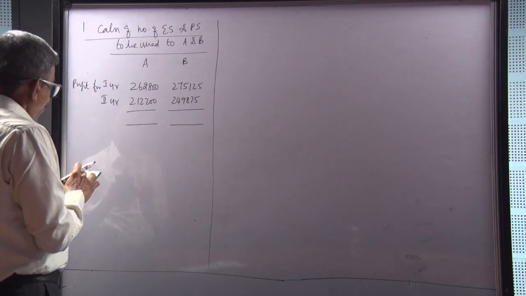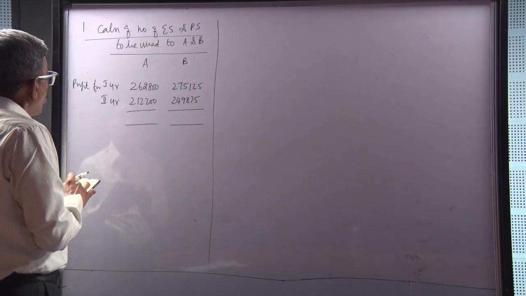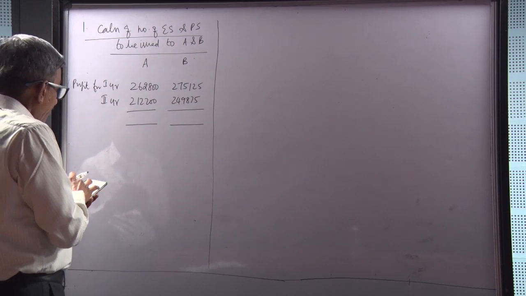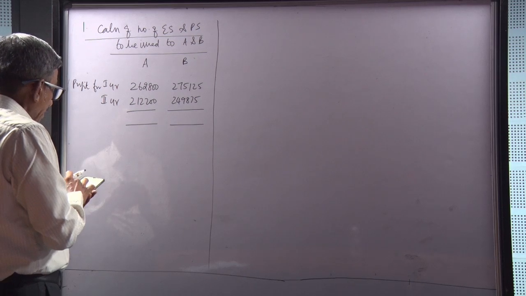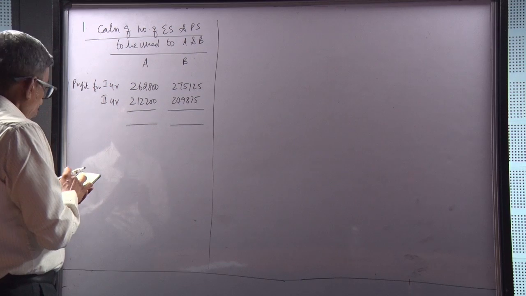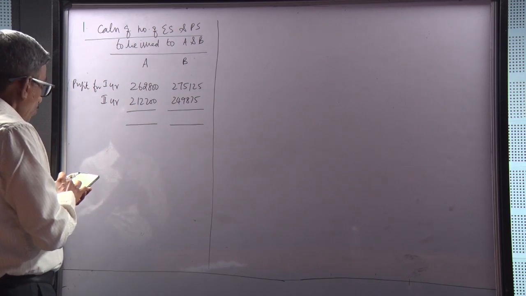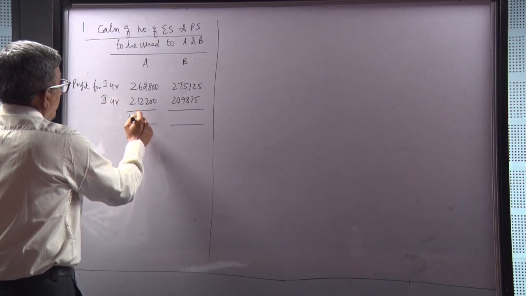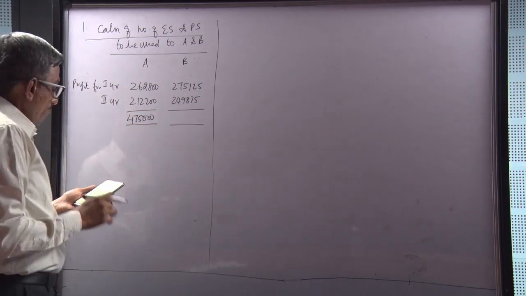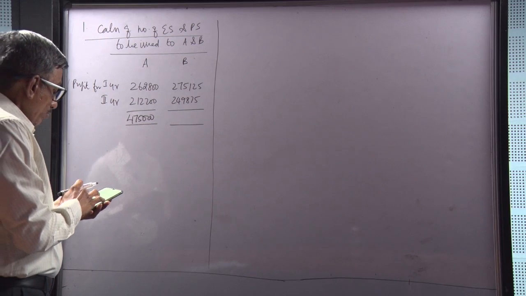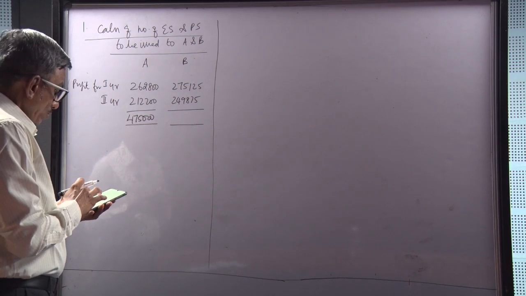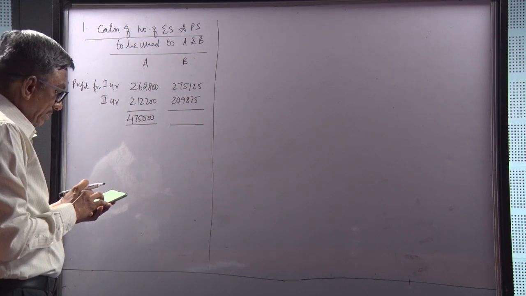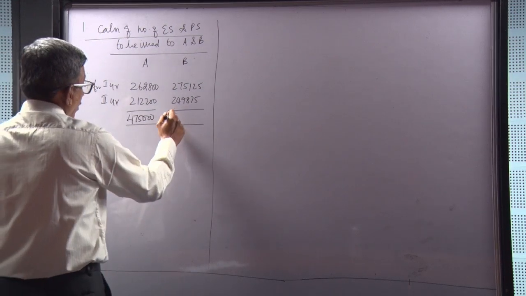So the total of A's profit is 262,800 plus 212,200. So it's total 4,75,000. For B, 275,125 plus 249,875, that is 5,25,000.